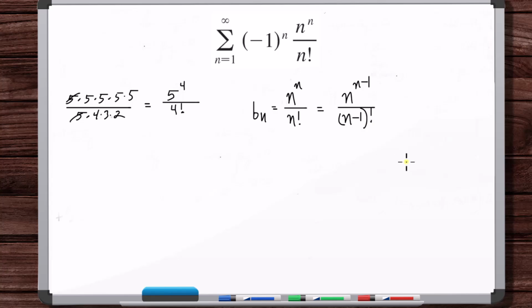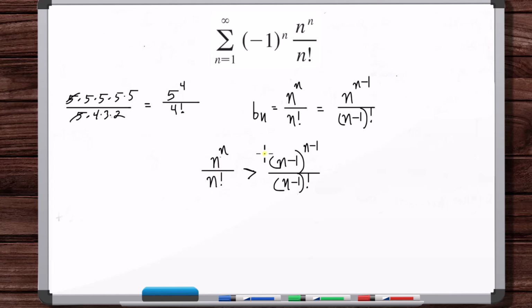What we want to do is show that b sub n is greater than the previous term for all n. The n minus 1th term is less than the nth term for all n.